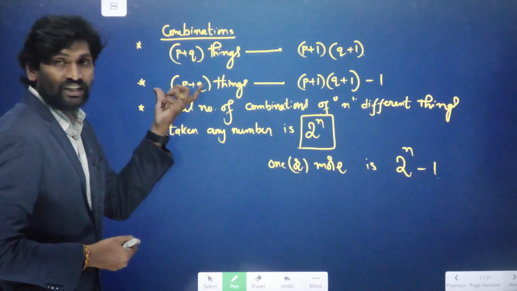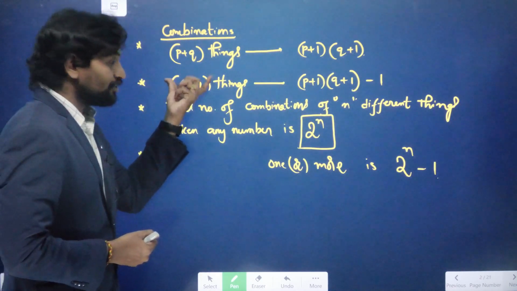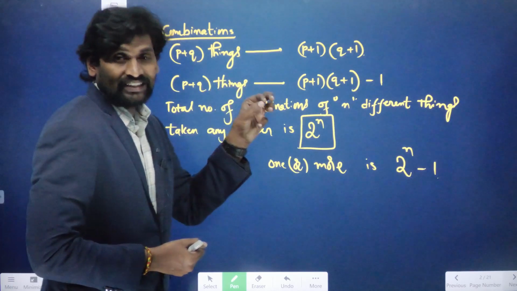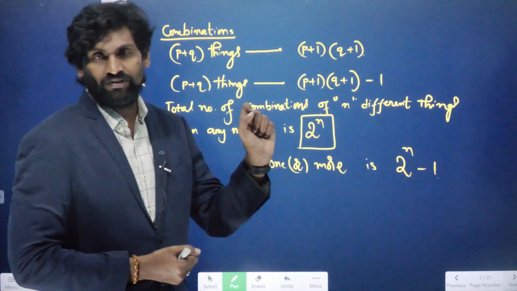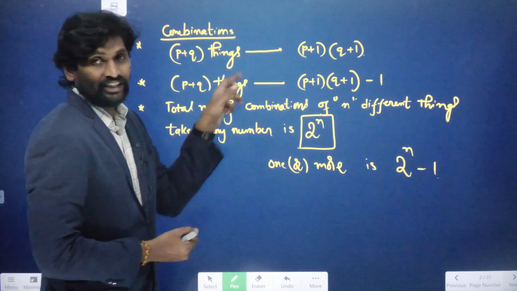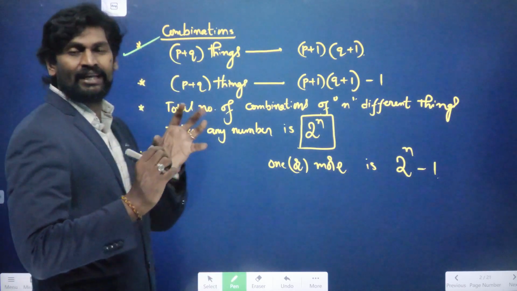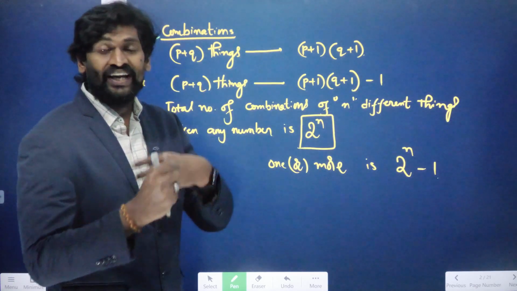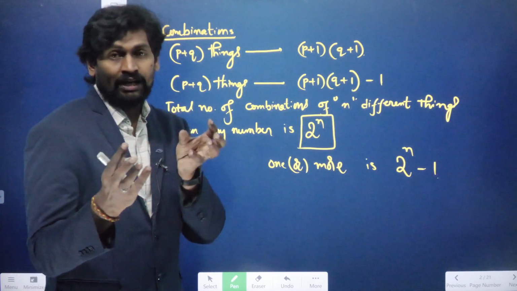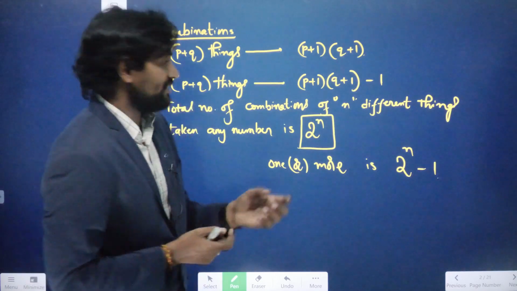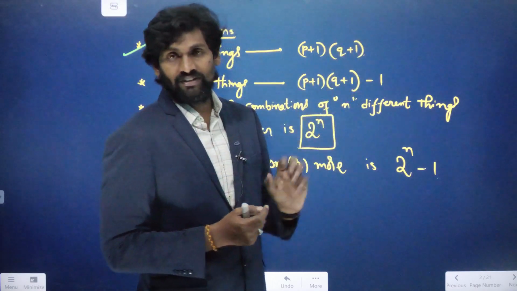Same way, if p plus q things are selected as one or more than one, here nothing is going to be selected. In the first case, for p plus q things we are not selecting any particular thing, but we are writing the combinations as (p plus 1) into (q plus 1) ways.